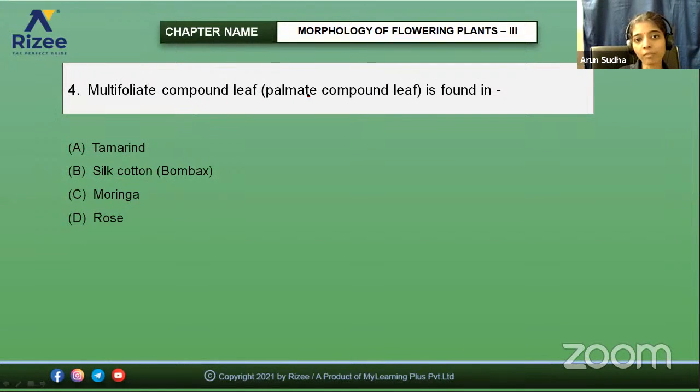Multifoliate compound leaf or palmate compound leaf is found in tamarind, silk cotton, moringa, and rose. So palmate compound leaf is found in... yes, option B. Good. Option B is correct. It is in silk cotton.